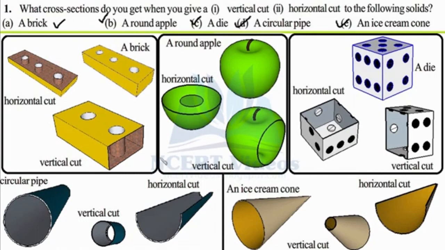So try to see around in nature and perform these vertical and horizontal cuts on any items, and just visualize what the cross-sectional figure will be after performing both these cuts. So this is all we have in this exercise that completes your question number one.